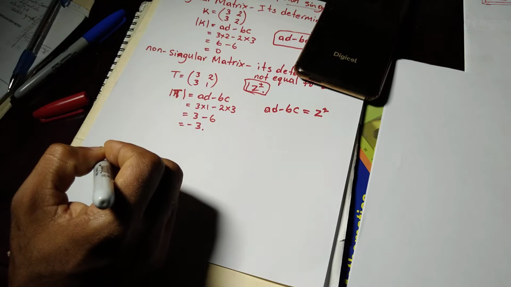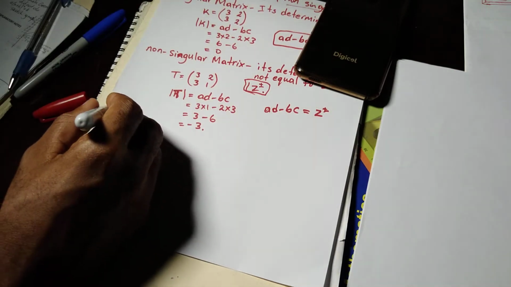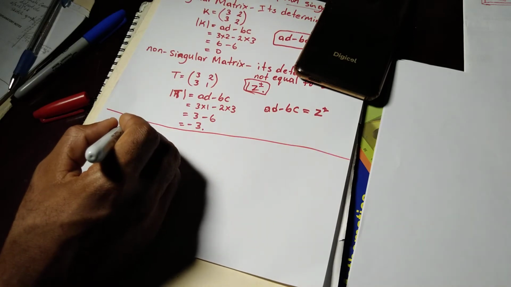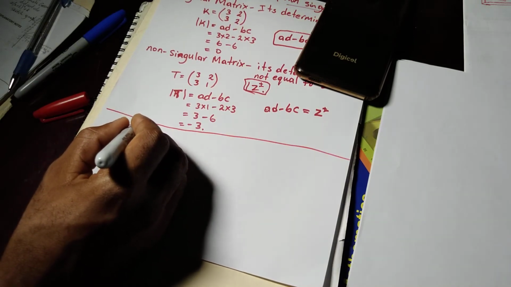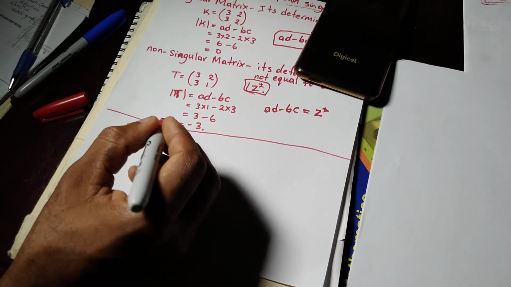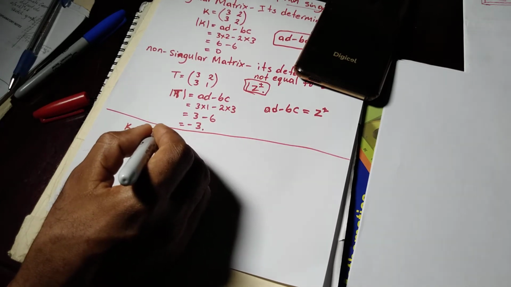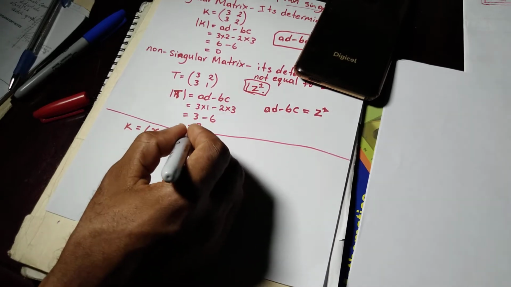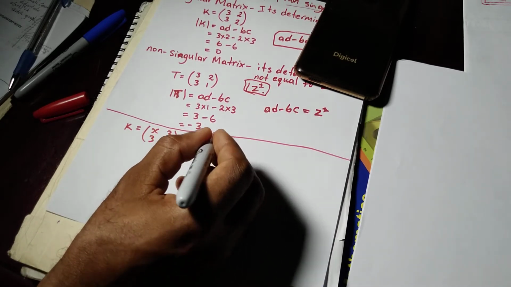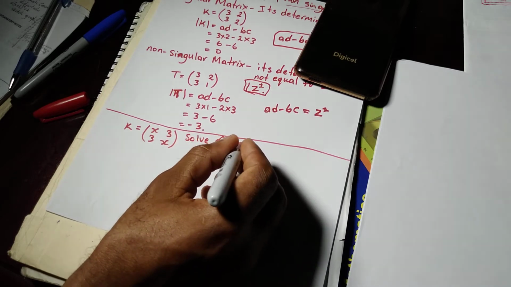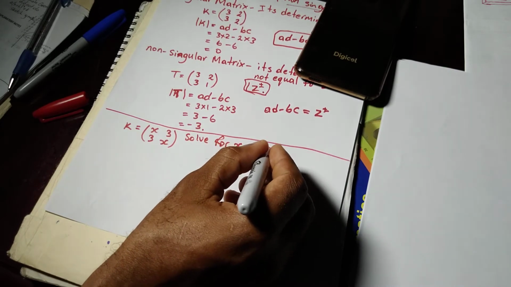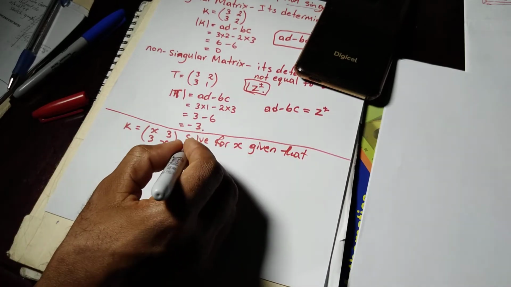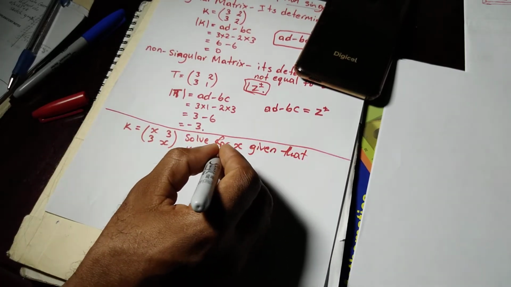So let's say we had a matrix, same K is equal to x, 3, 3, and x, and we're to solve for x given that K is singular.